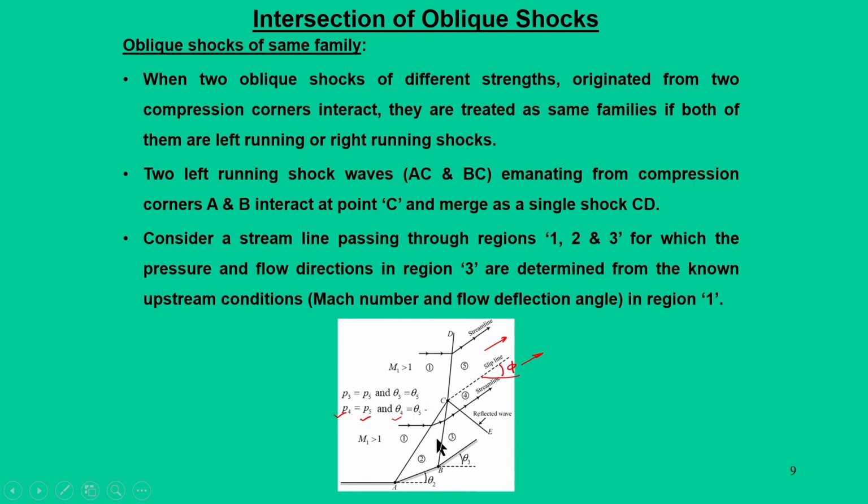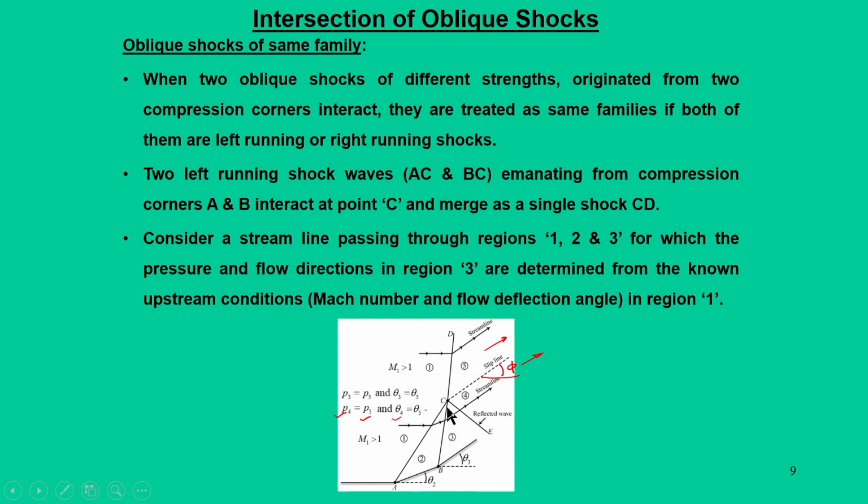So, if you look at this particular shock system, regions 3 and 5 need not be the same, so another oblique shock must form, so that it makes the conditions 4 and 5 map. To have these 4 and 5 conditions be the same, the shock C is also going to form.